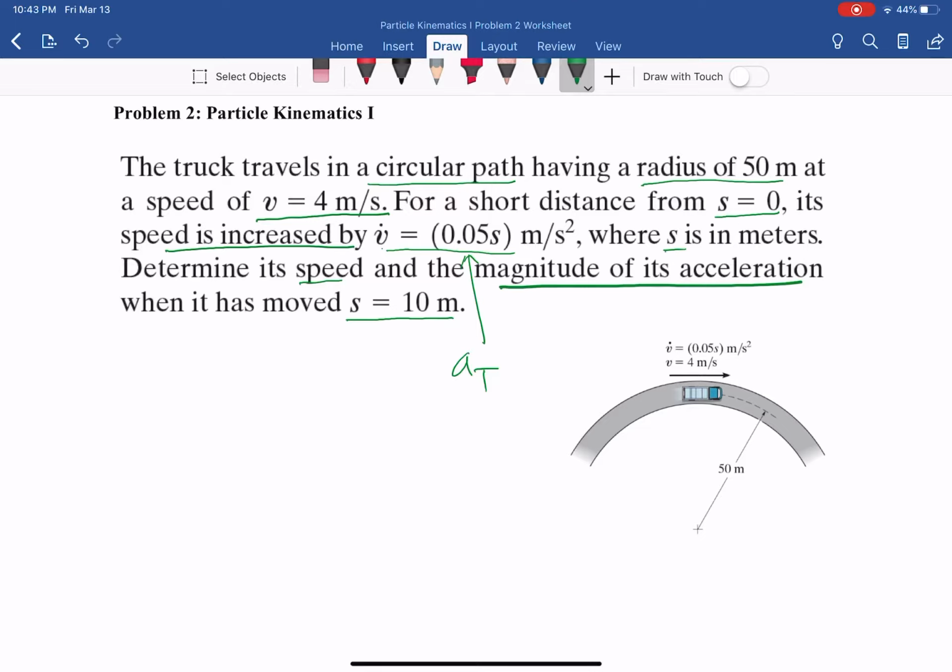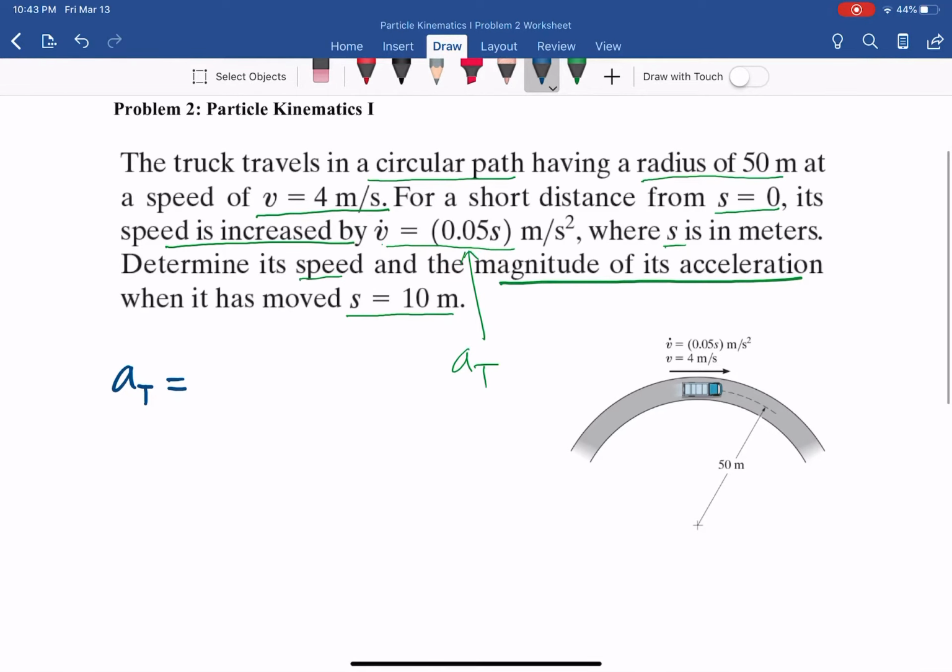And again, we can start with the tangential component, which is given. As we already know, the tangential component of acceleration is equal to the first derivative of the velocity with regards to time. For this problem, they don't mention anything about the time, t. So we need to transform this equation into another variable that is given, for example, in this case, s, the distance.